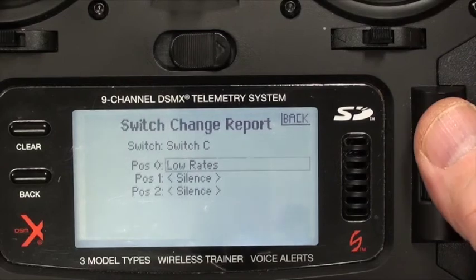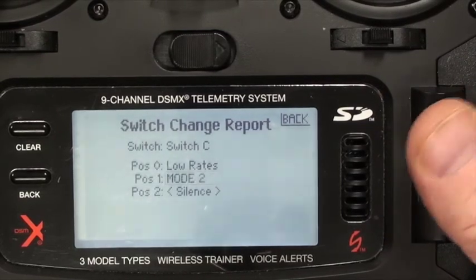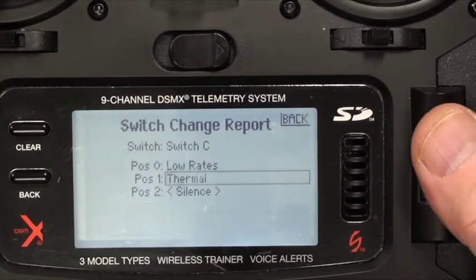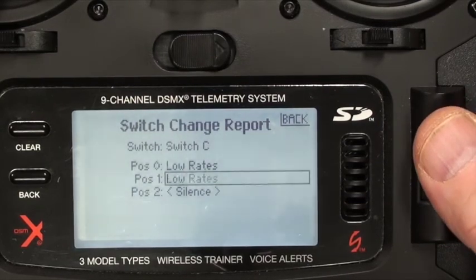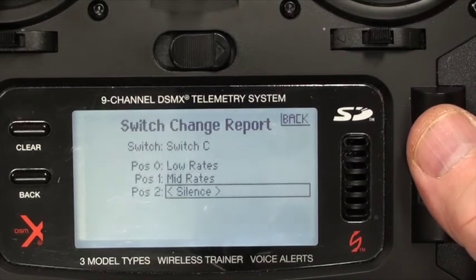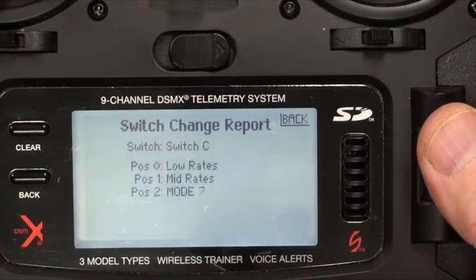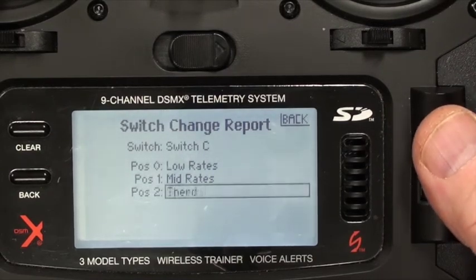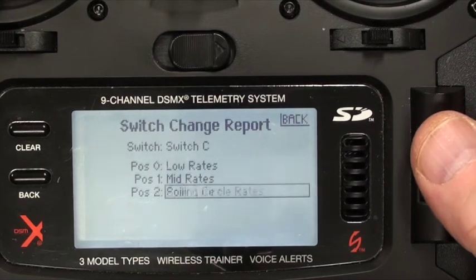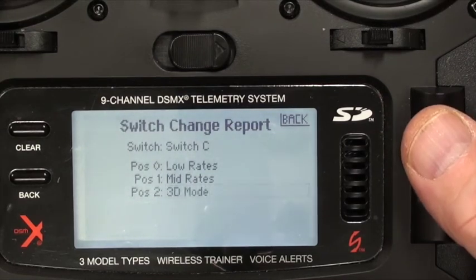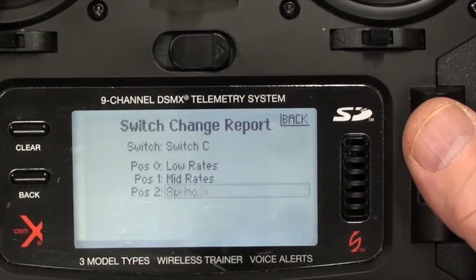So that's low rates. I want this one to be mid rates. Okay, so there is mid rates. And this is going to be high rates. Did I go by it? Probably. Nope, didn't go by it.